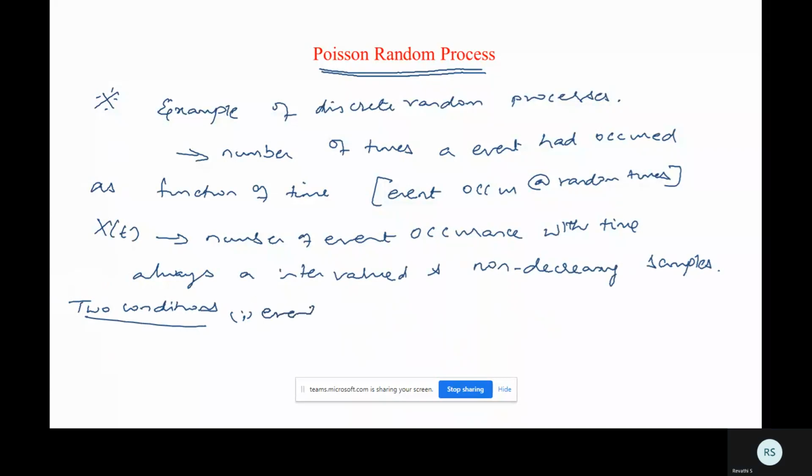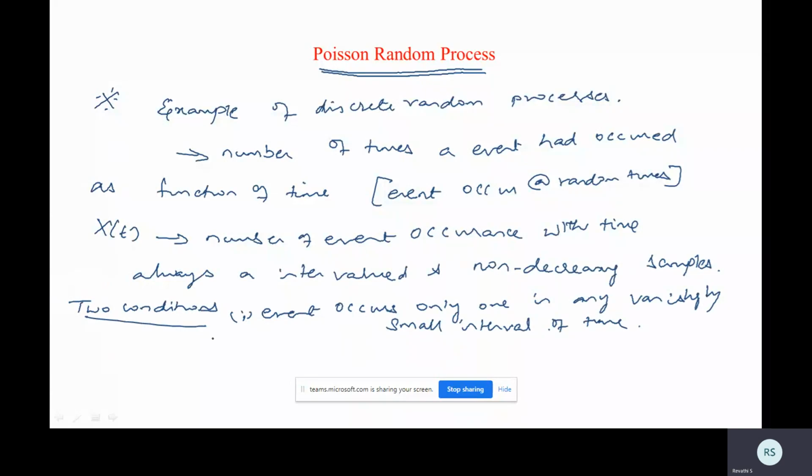Event occurs only once in any vanishingly small interval. This is the first condition.